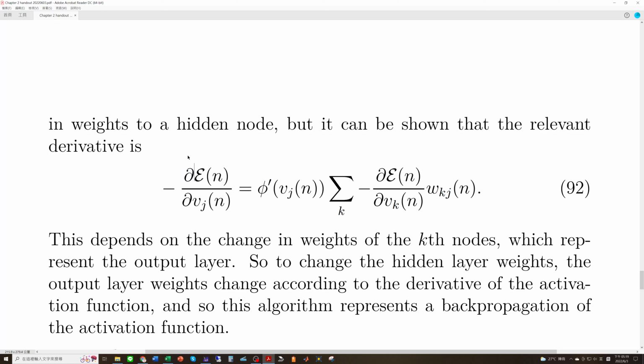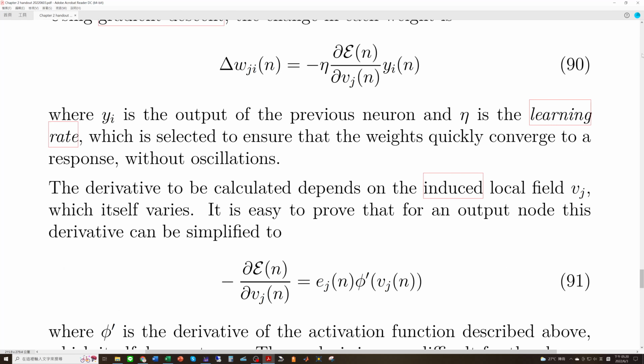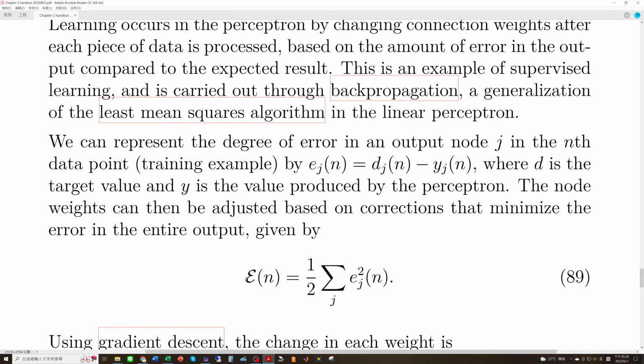If translated into Chinese, it is called 偏微分. Then E of n: let us review its meaning. E of n is the error in the entire output.